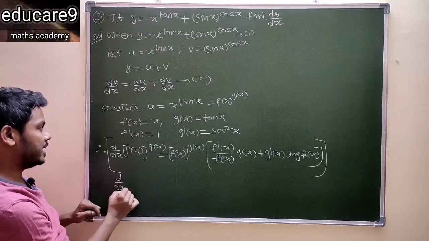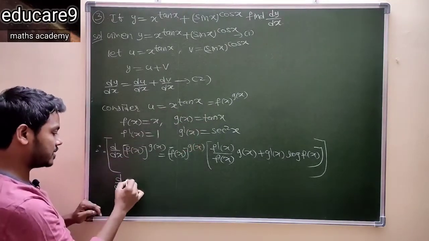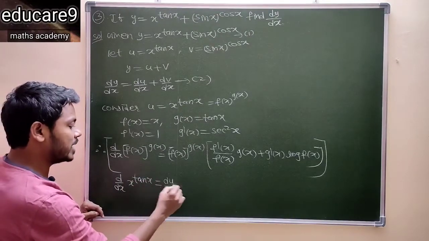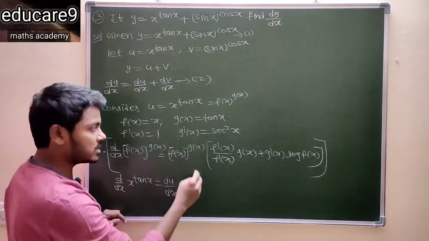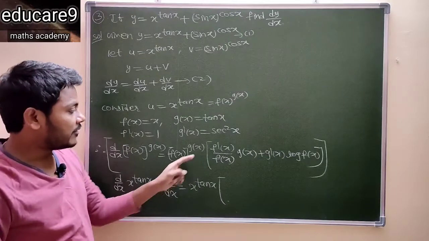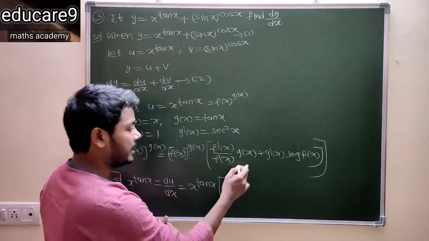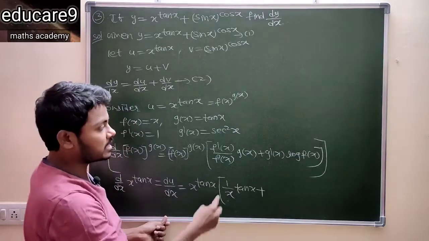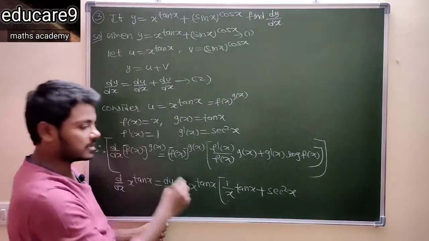Therefore d by dx of x power tan x, that is du by dx, is equal to f of x whole power g of x, that is x power tan x, into [f dash x by f of x, that is 1 by x, into g of x, tan x, plus g dash of x, sec square x, into log f of x, log x].